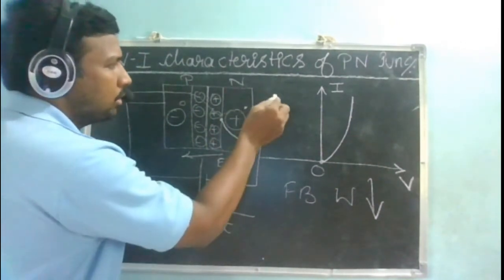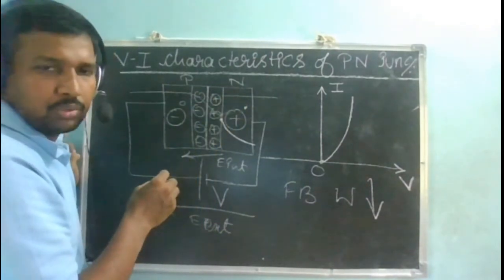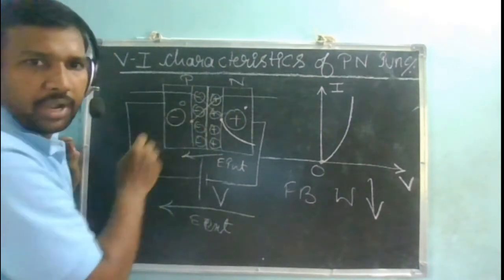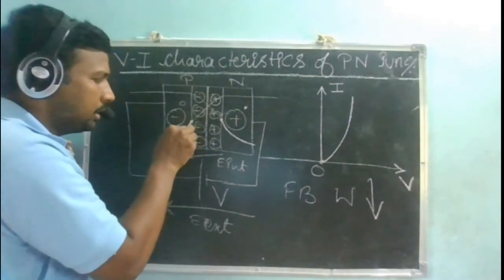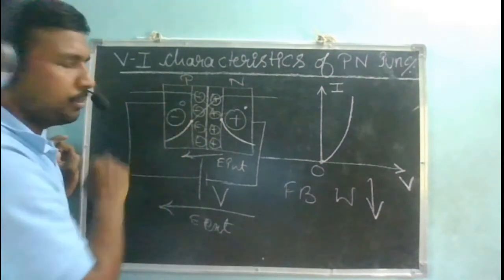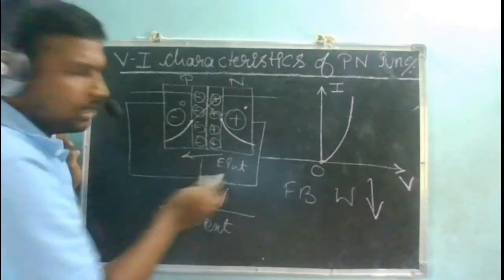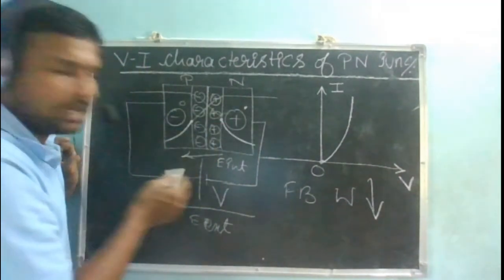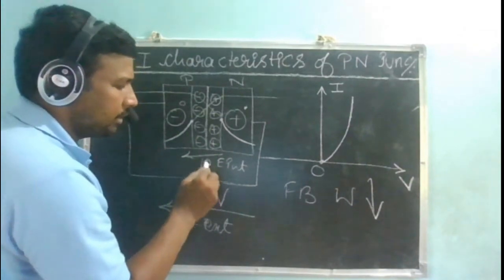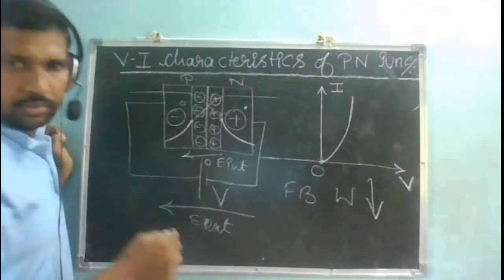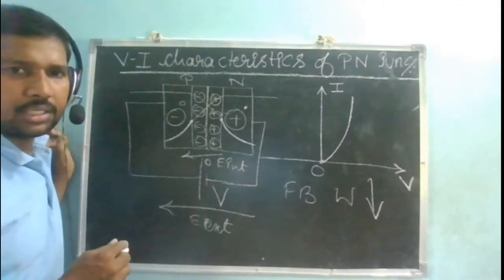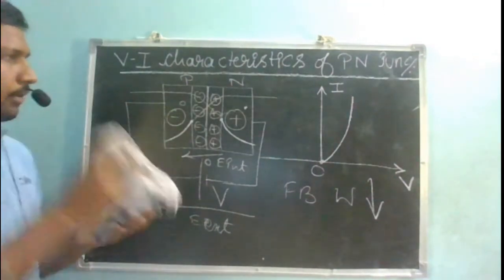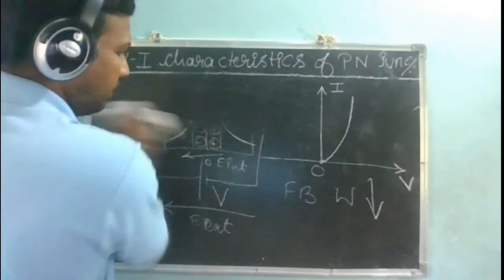Similarly, electrons move from the n side towards the p side, become minority charge carriers, and diffuse as they recombine with holes in the p side. So this is a diffusion current and this is a diffusion current. The sum of these two diffusion currents at x equal to 0 gives me this particular current. Yes or no? Yes, sir. So this is regarding forward bias.